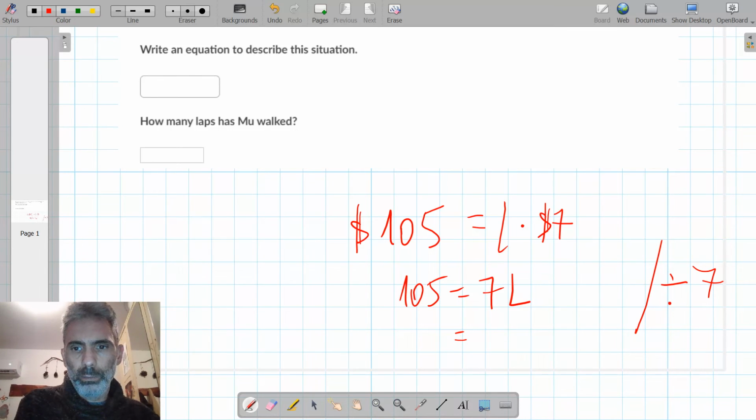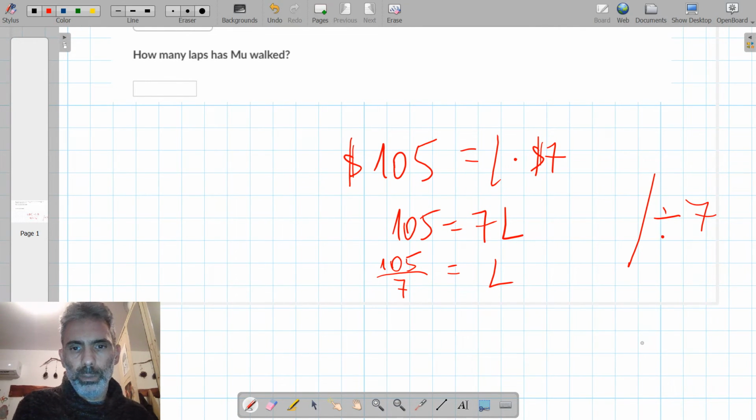So on the right hand side, after we divide by 7, we are left with L. And on the left hand side, we need to divide 105 divided by 7. 105 divided by 7 is 7 times 10 is 70. And we have 35 more. And 15. So 15 equals L.